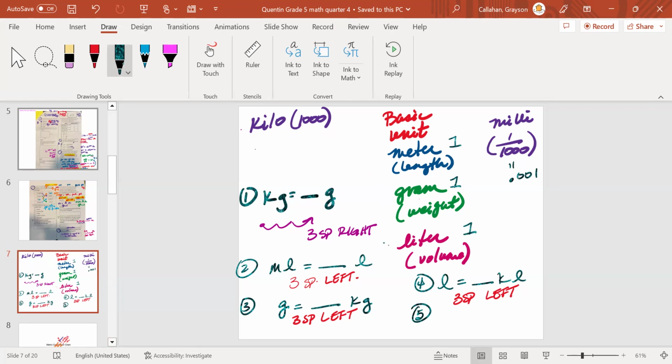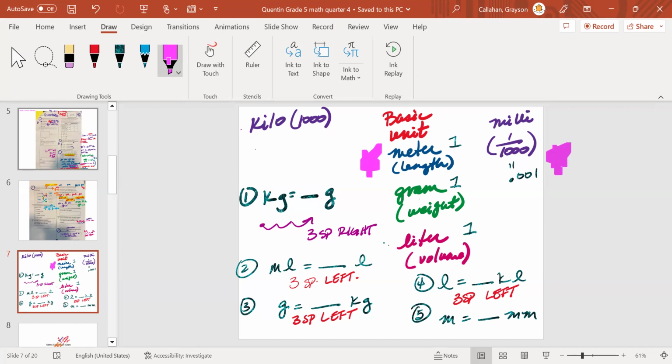You're not getting this. All right, let's try again. Meters equals how many millimeters? Locate meters first. Meters is right here. Millimeters is right here.